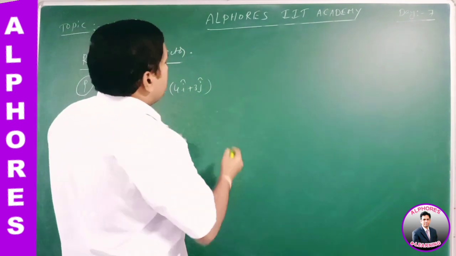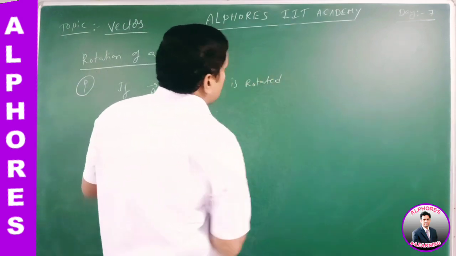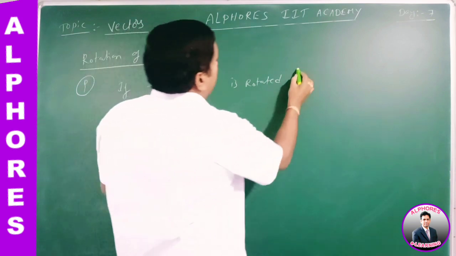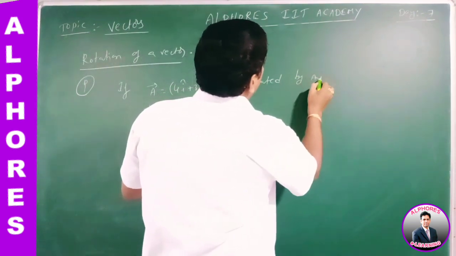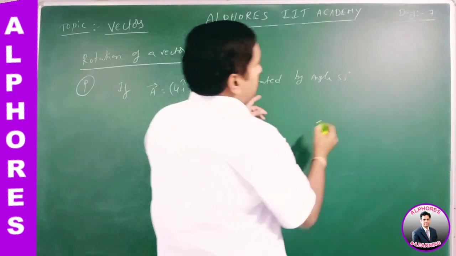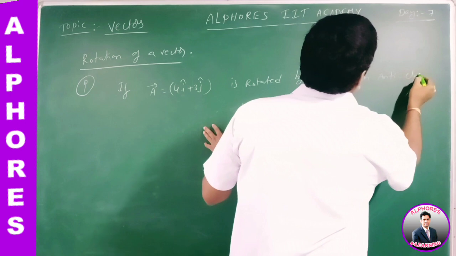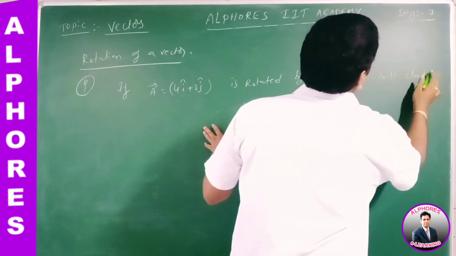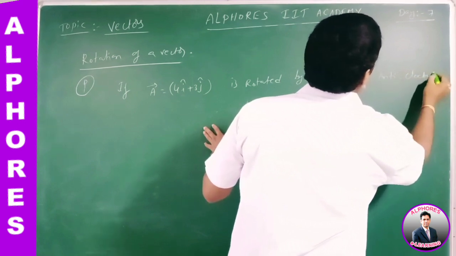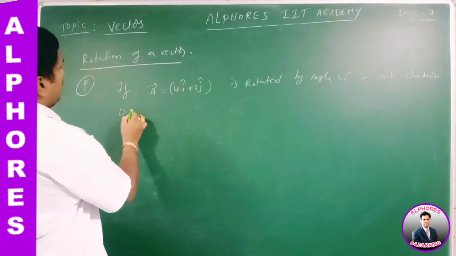This vector is rotated by an angle of 53 degrees in the anti-clockwise sense.